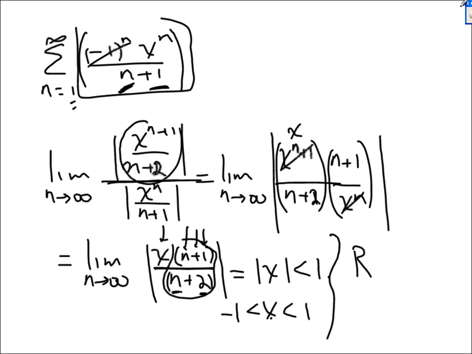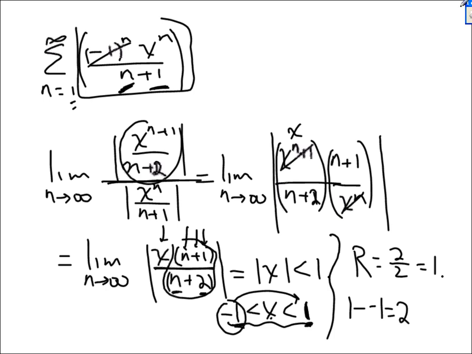It's halfway. This distance is 2, divided by 2, you get 1. It's from the center of negative 1, 1. From 0 to 1 is 1. Just find the distance between the endpoints, that is, subtract them. 1 minus negative 1 is 2. Divided by 2, and you have the radius of convergence.